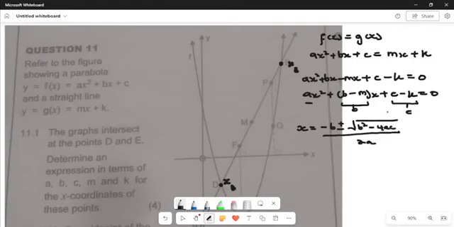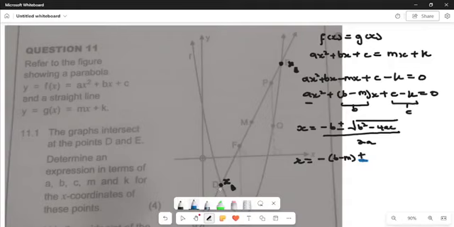Now we'll substitute our values of a, b, and c into this quadratic formula. I will keep the plus minus, so I will not write both solutions. Instead I'll just say minus and then substitution for my b, that is b minus m. Then our first solution has a plus, and the other solution will have a minus.